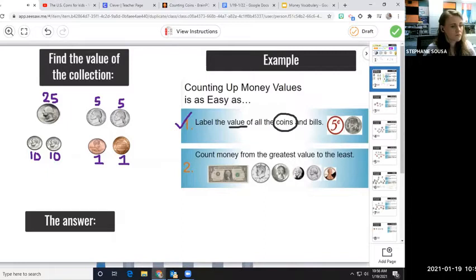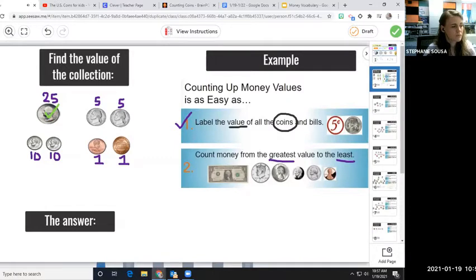Step number 2 says to count money from greatest value to the least value. Starting with the greatest value, I see that is 25 cents. I will start by counting 25, and then I will look for the next greatest value. I see that 10 cents is the next greatest number.